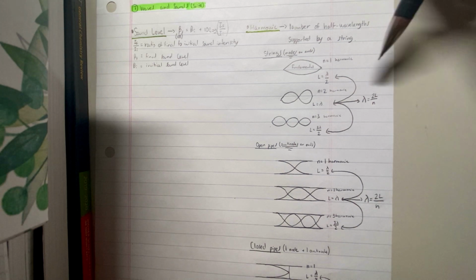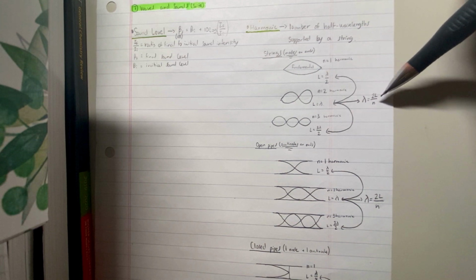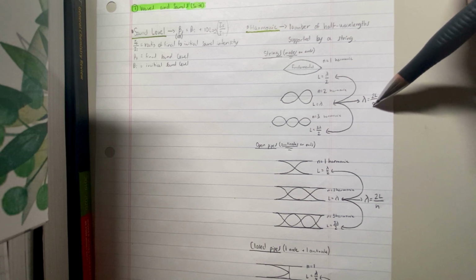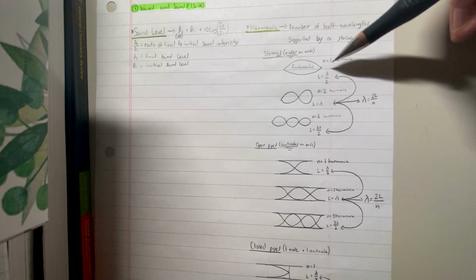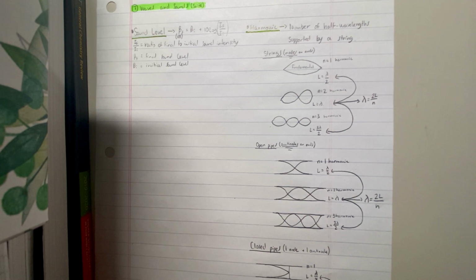And if we isolate wavelength, it makes sense that the wavelength can be calculated with the equation 2L/n, where n is the harmonic number.